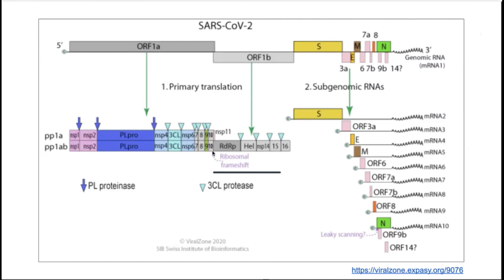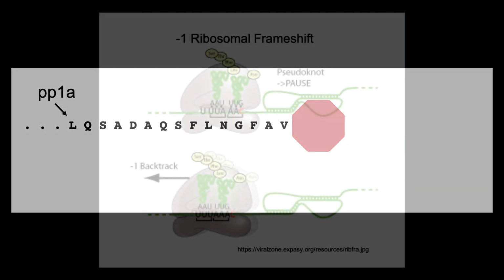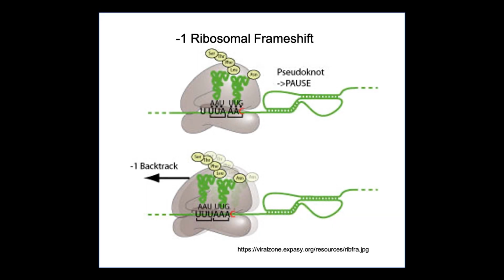PP1AB is longer than the PP1A. At the end of PP1A, which is around NSP10, there is a stop codon. And so the ribosome finishes its translation at that point. In some cases, as the ribosome is translating the protein and it gets to around NSP9 and NSP10, it does what is known as a ribosomal frame shift.